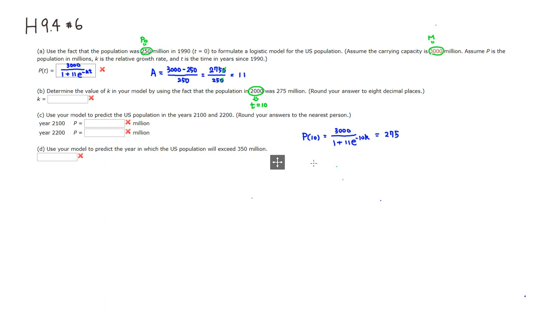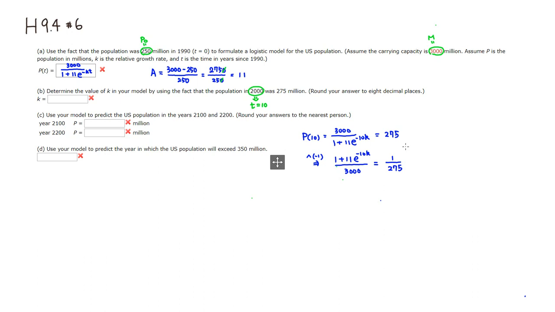Let's find the k value from here. First I'm going to take the reciprocal of both sides, so 1 plus 11 e to the negative 10k over 3,000 is equal to 1 over 275.